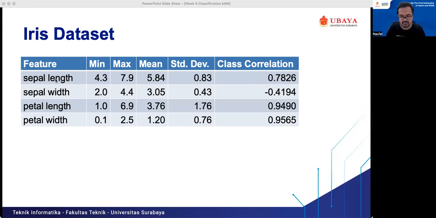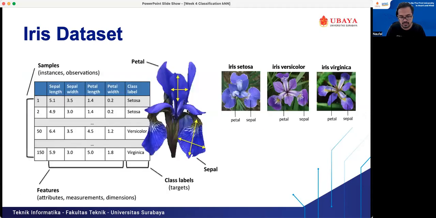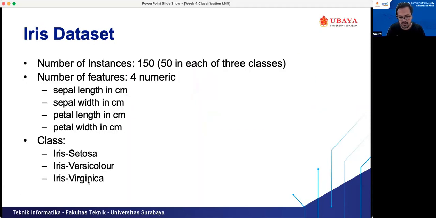We have three classes here, right? Setosa, versicolor, and Virginica. Each class is represented as a number. For example, Setosa equals 0, versicolor 1, and Virginica 2. So we label each class with a number.